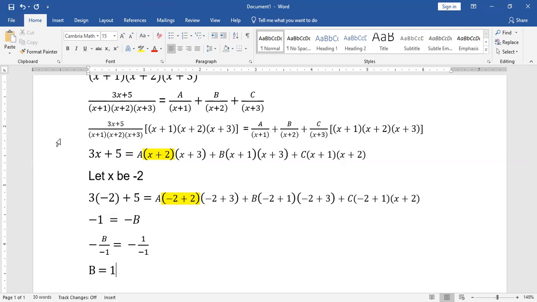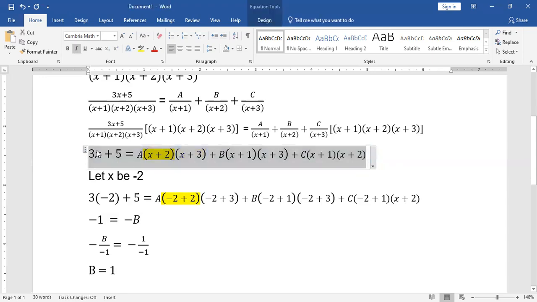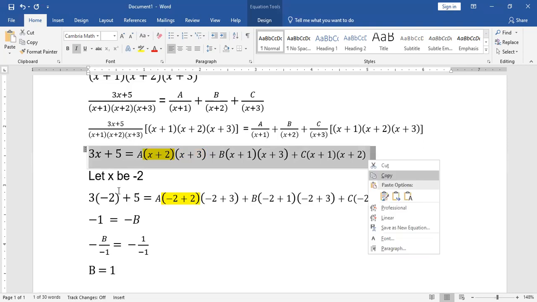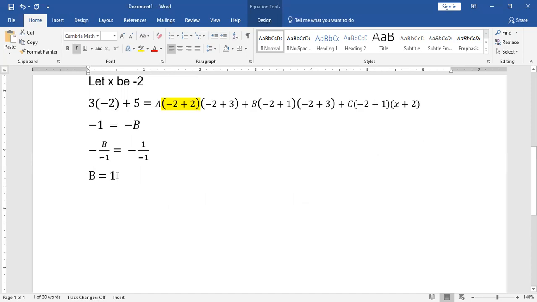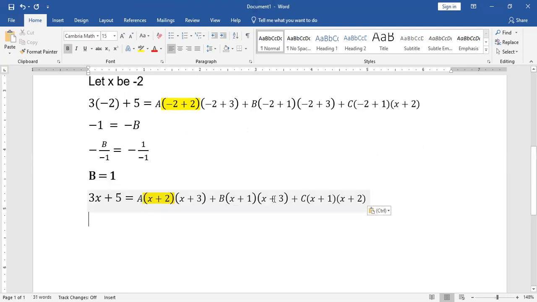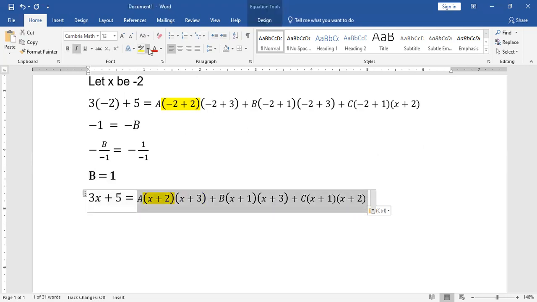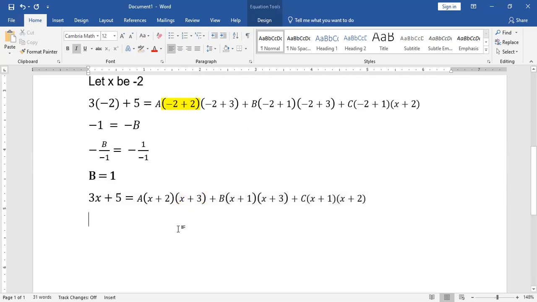Let me come to the other side. You remember I said in each of the expressions here on my right hand side, I'll try by all means to make everything which has letter A, B, C 0 at some point.